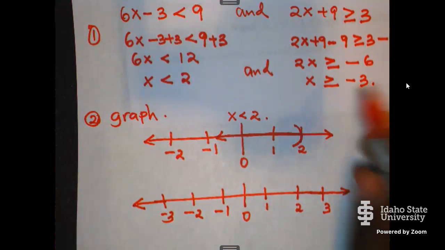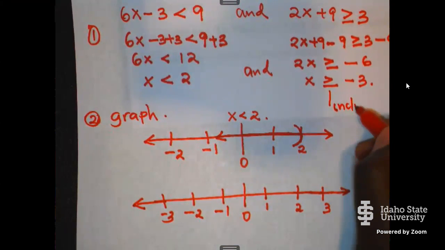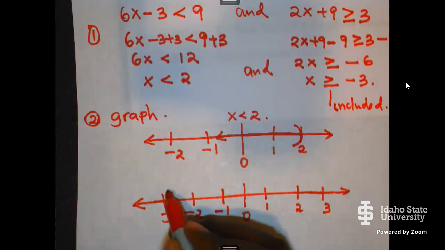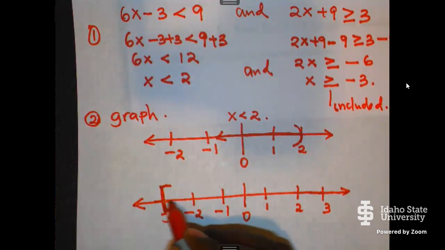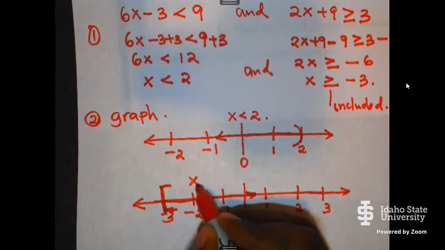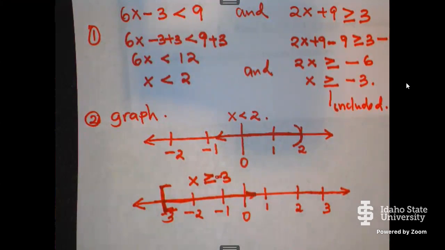How will this go? We know that one is included, right? So that means it should be that way, and then all the values here. So this is x greater or equals to minus 3.